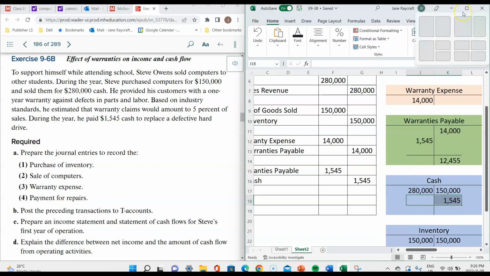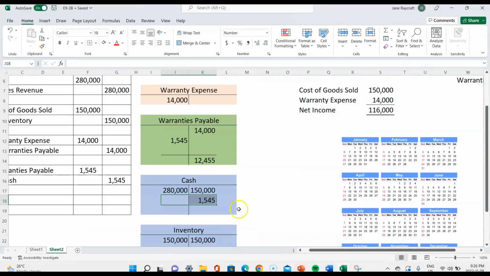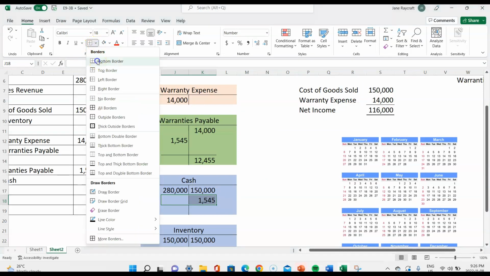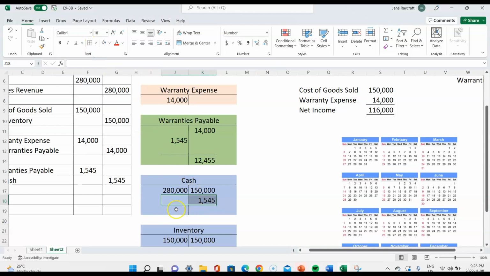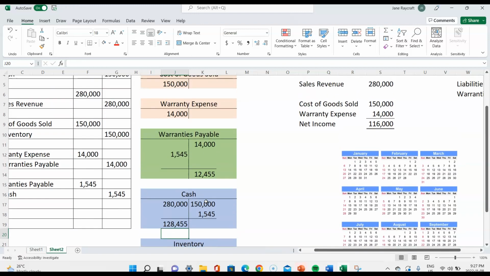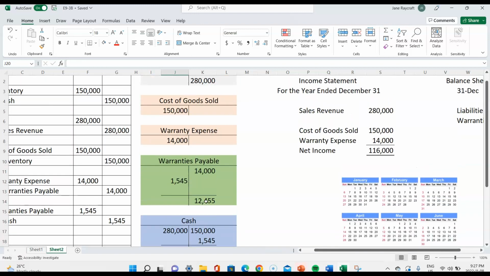So if we balance that cash, that's the total of my cash account. All right.